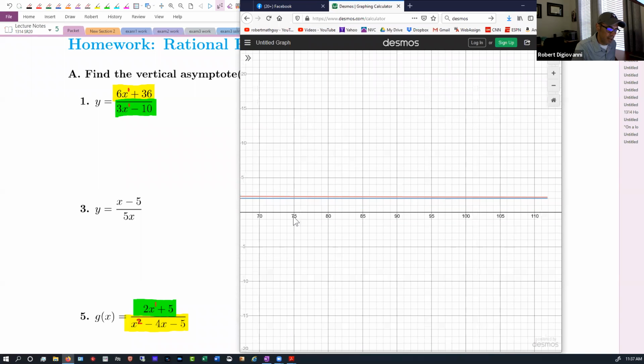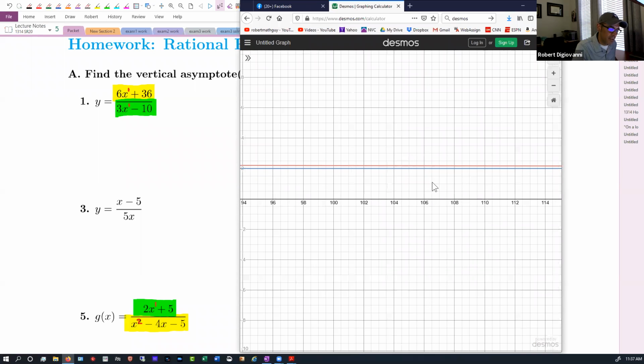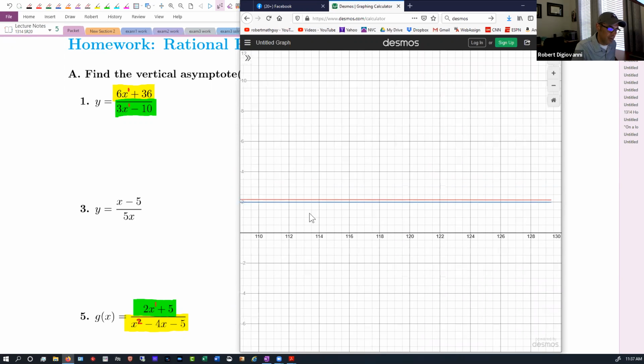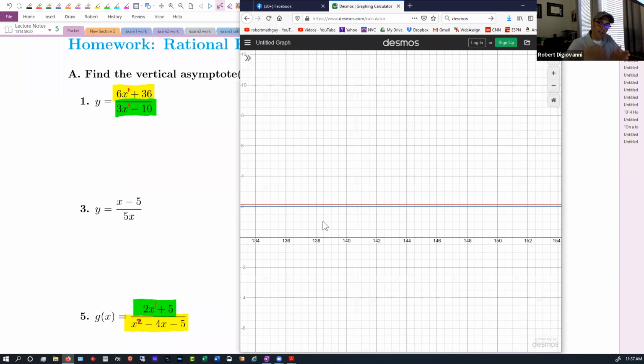Hopefully y'all can see that. It's getting there. It's never going to touch it though. If I keep going to the right forever and ever, it's getting closer and closer, just like that thing I showed you a second ago was doing.